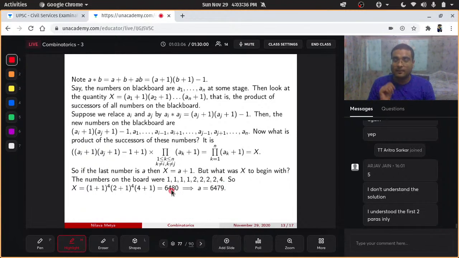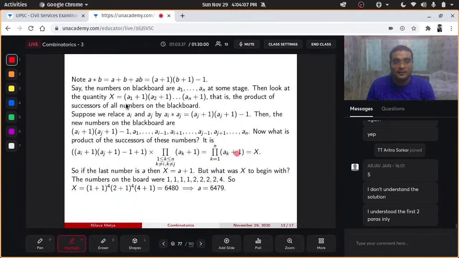But I am saying that the product of successors never changes. Finally, if the number remaining is A, the product of successors of that number is just A plus 1. So A plus 1 must be equal to X. X remains constant at every stage. That is what I have calculated in this big equation: that it is the previous X only.